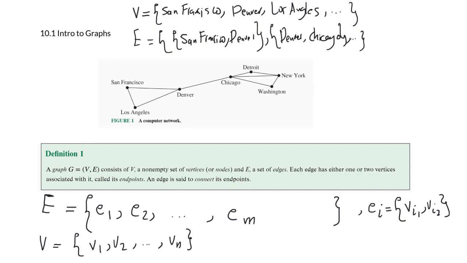For instance, a graph can have an edge which starts and ends at the same point, and this edge is called a loop.